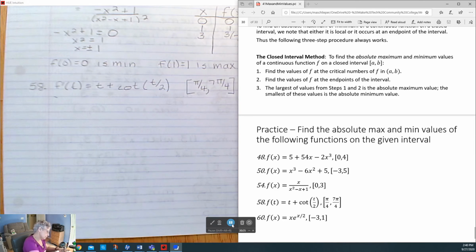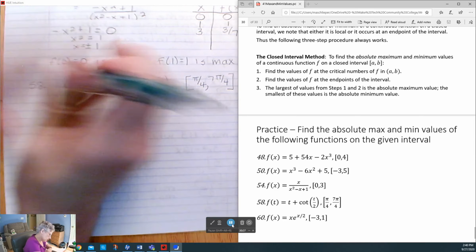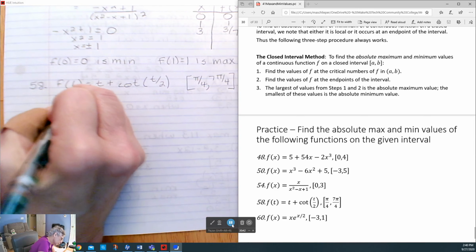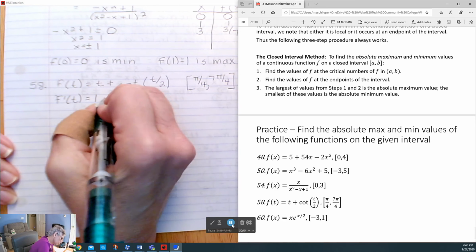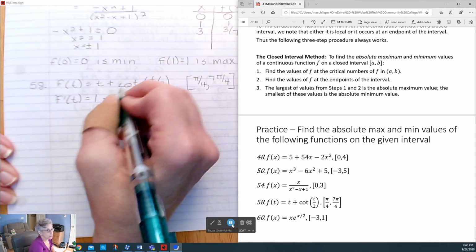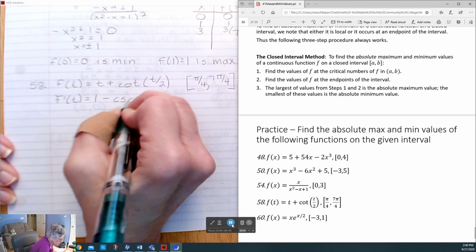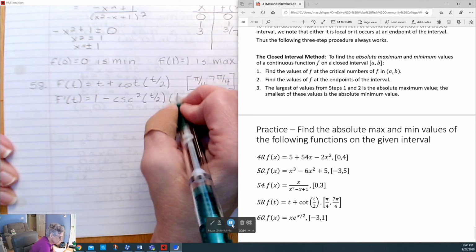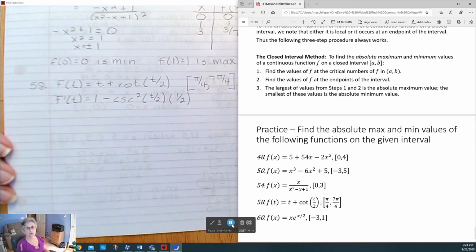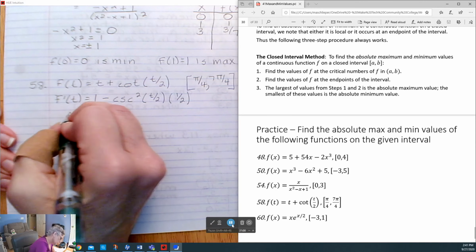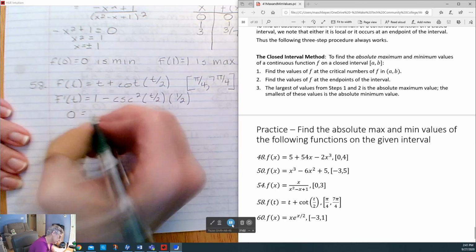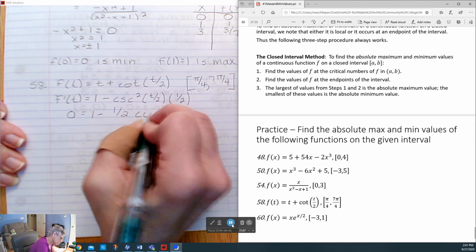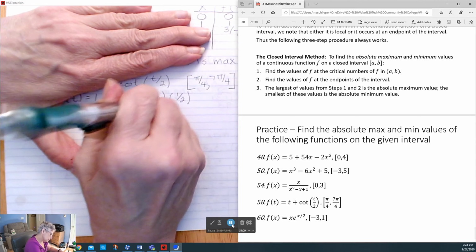And that's f, not f primed. I just copied the function down and differentiated it. F primed is equal to 1 minus, derivative of cotangent is negative cosecant squared of t over 2 times the derivative of t over 2, which is a half. 0 is equal to 1 minus half of cosecant squared of t over 2.